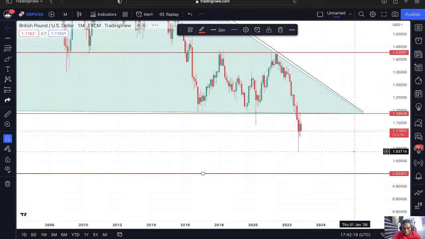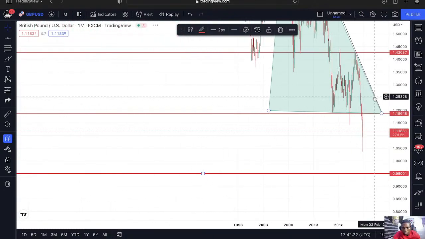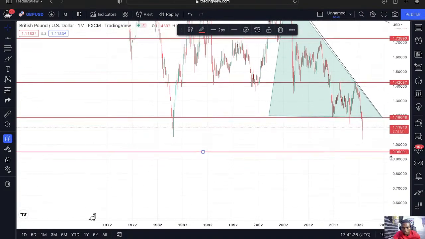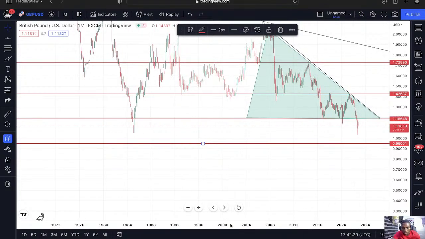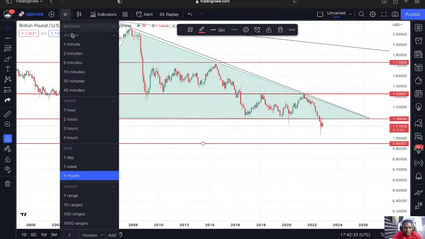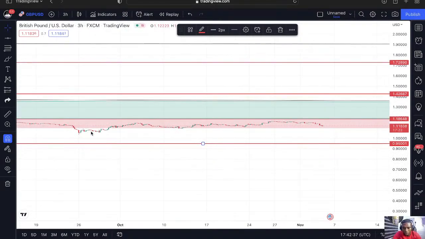If you look closely, let me zoom out. So the fall in the price of USD against the pound, GBP to the dollar, is historic.